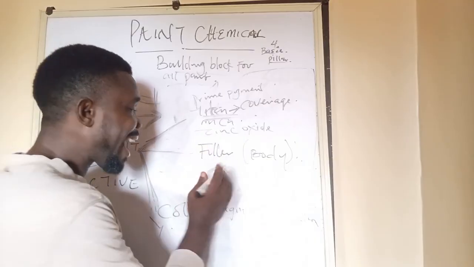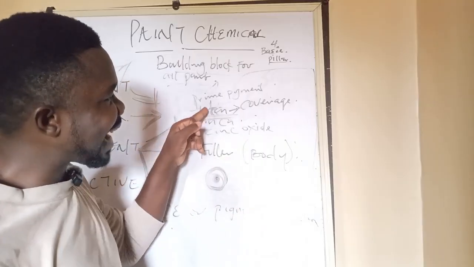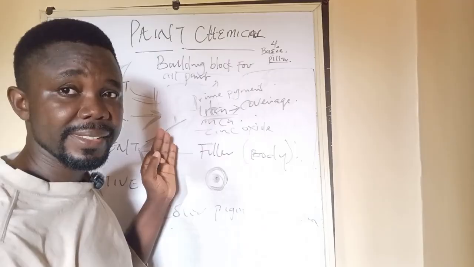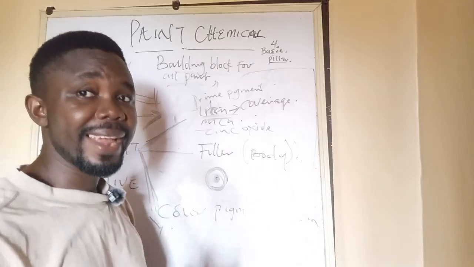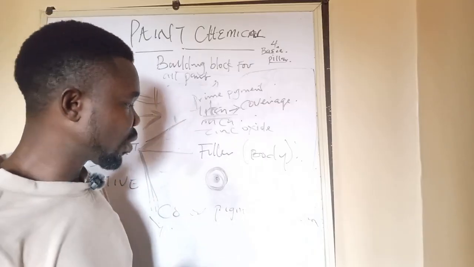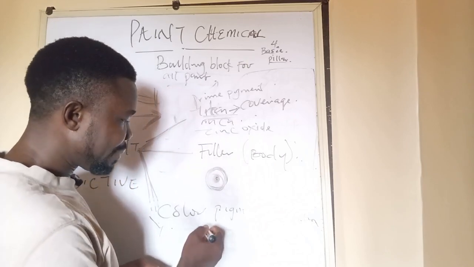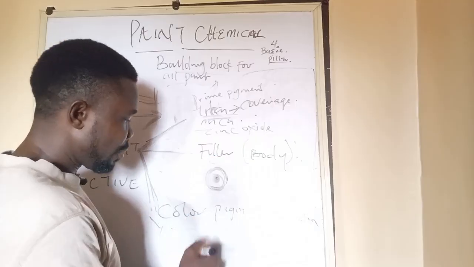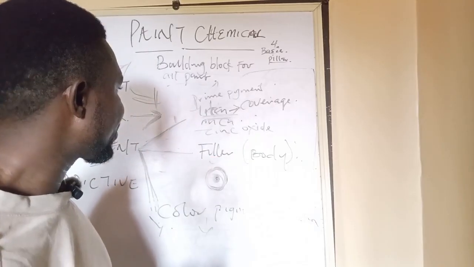It will hide it. So it is what will determine the hiding power of your paint, to an extent, because we have some other things that can determine the hiding power, which include your filler and your color pigment. So that is just that about that.